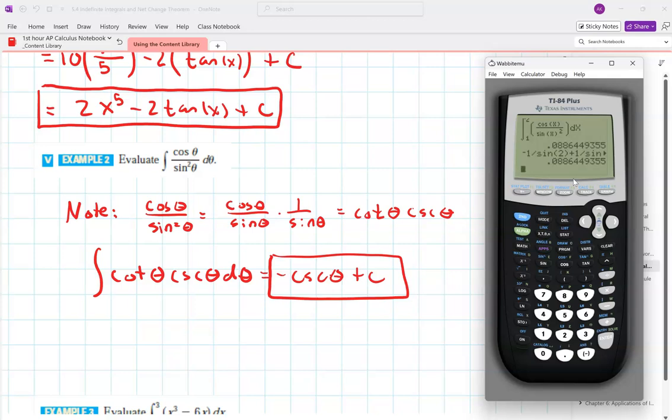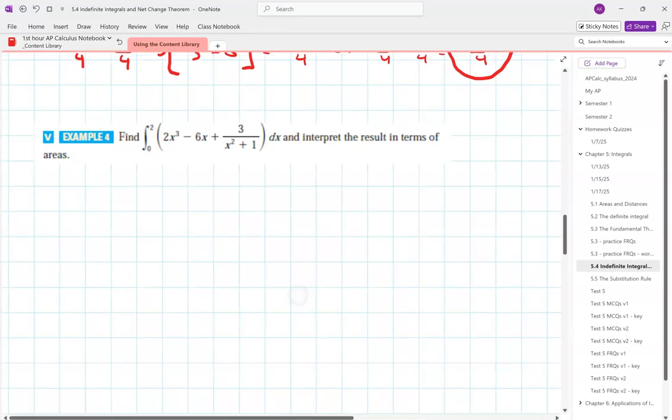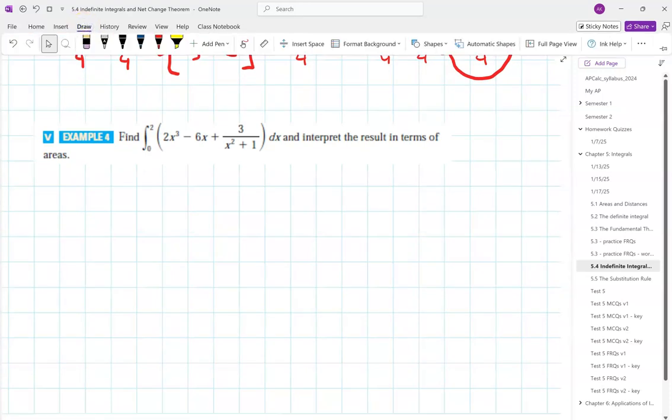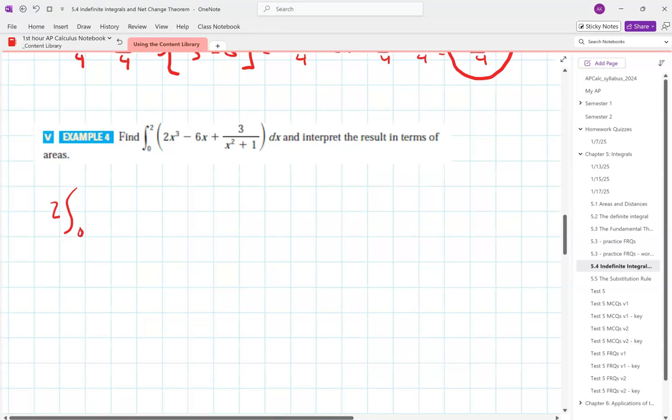You guys see how I used it as a checker? Okay. All right, let's go on and look at this. So again, if I'm going to do this, I would start by using my properties of integrals.